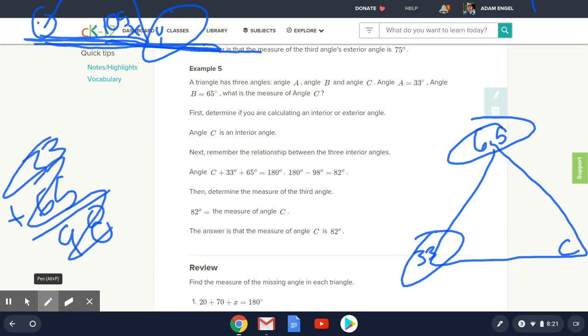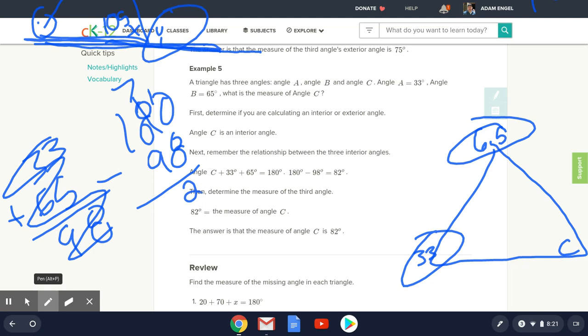So now we need to figure out 180 minus 98. The difference is 82. So our angle right here has to equal 82. When we add these three up, we get 180 degrees.